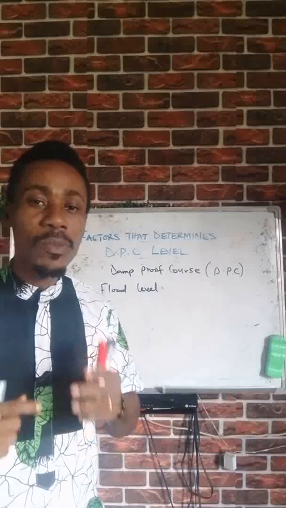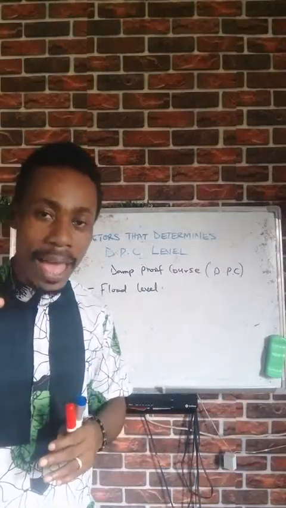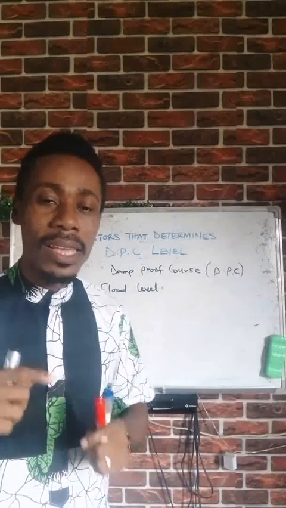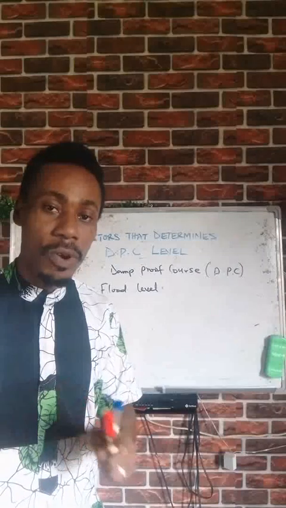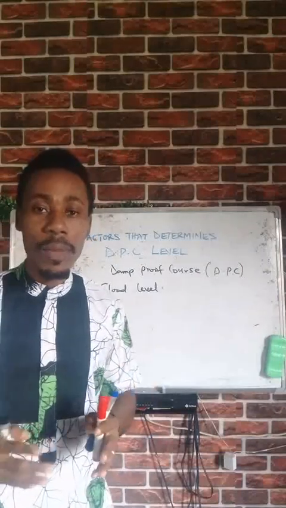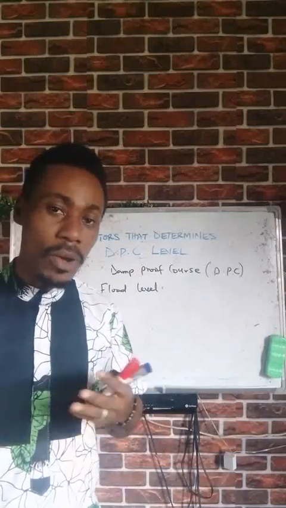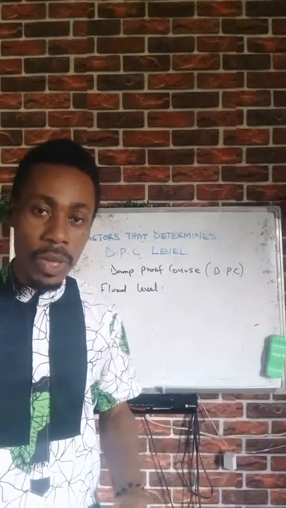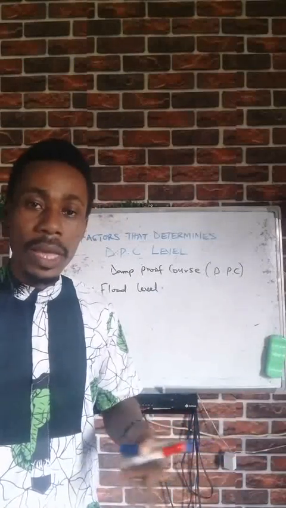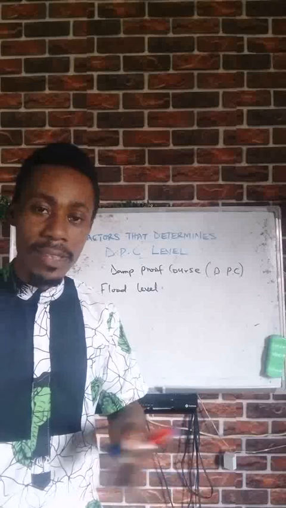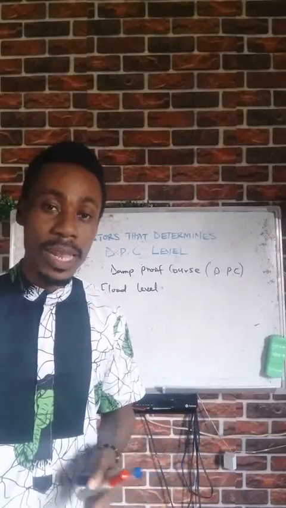So we try as much as possible to raise our DPC level high, in such a way that it will help to reduce the effect of that flooding. Because most times when this flooding comes, you see water gushing out of the floor, water coming in through the door openings and some other openings within the building.